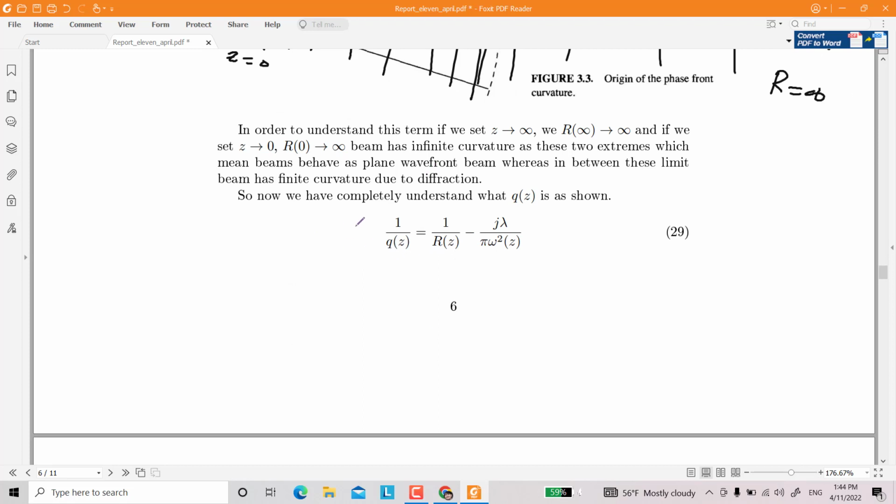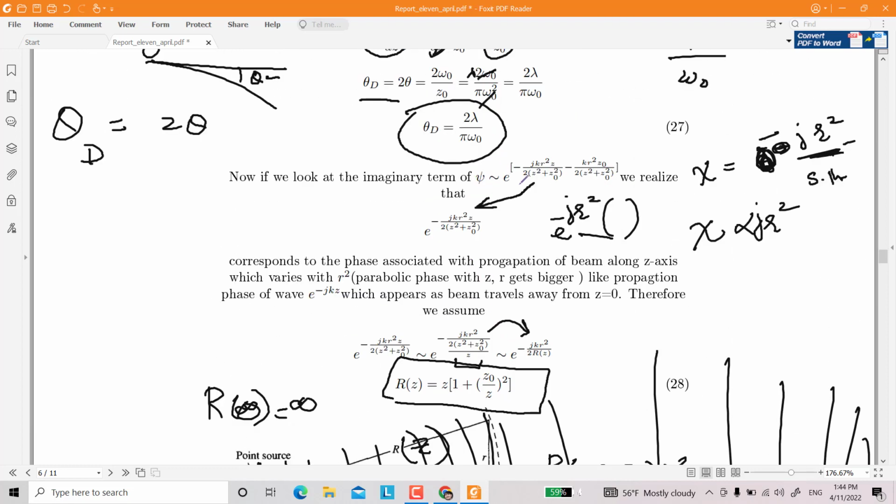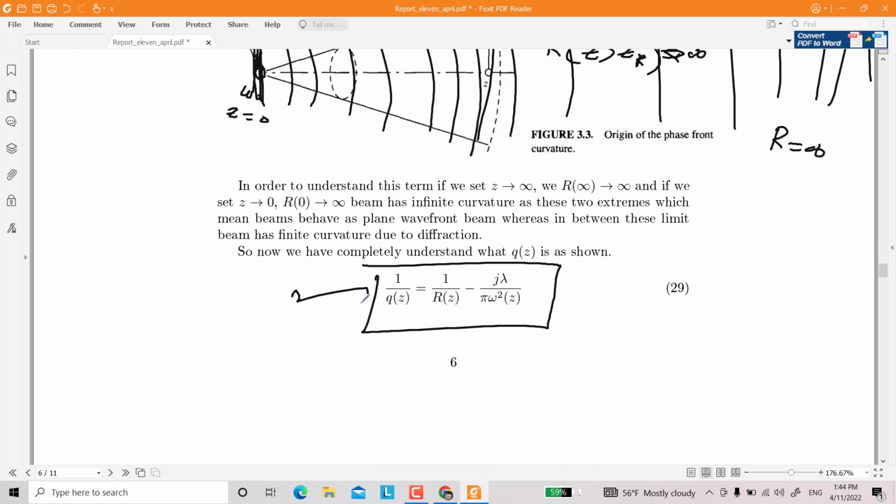So now we have completely specified the functional form of q of z. As you know, one over R of z is what? This thing, right? And z naught is this thing. So we realize one over q to be this thing.